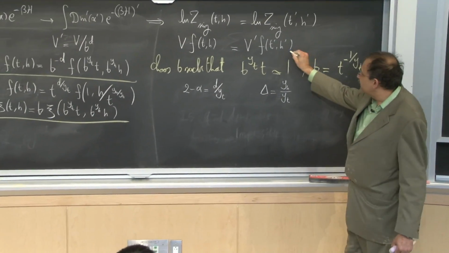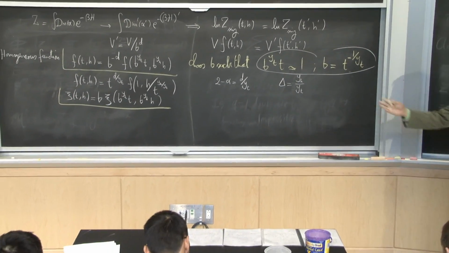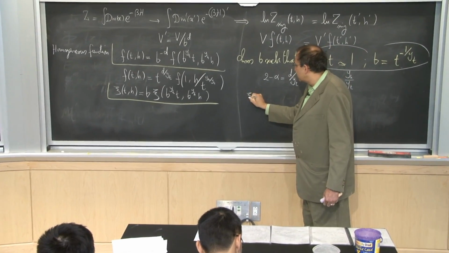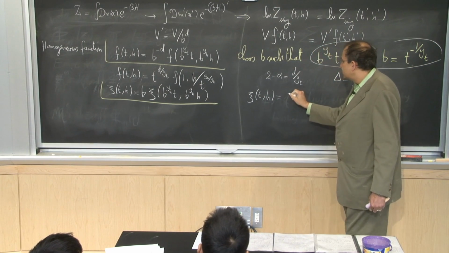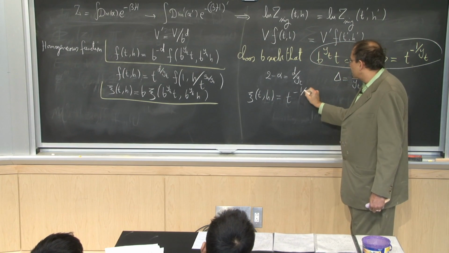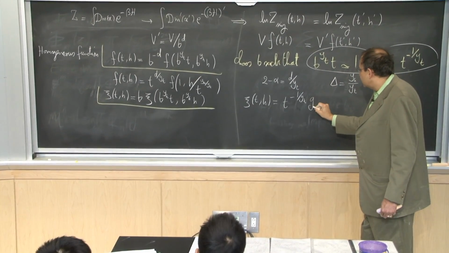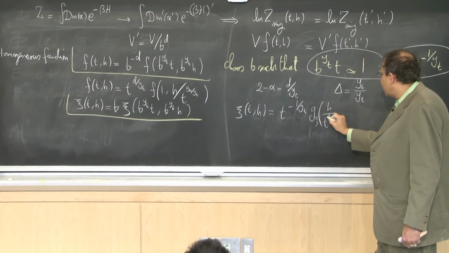I can again choose this value of b and substitute it over there. What do I get? I get that psi as a function of t and h would be t to the minus 1 over yt, times some scaling function, let's call it g psi, of again h to the power of yh over yt.